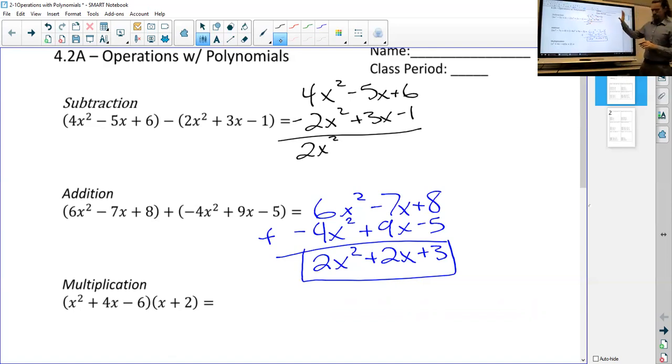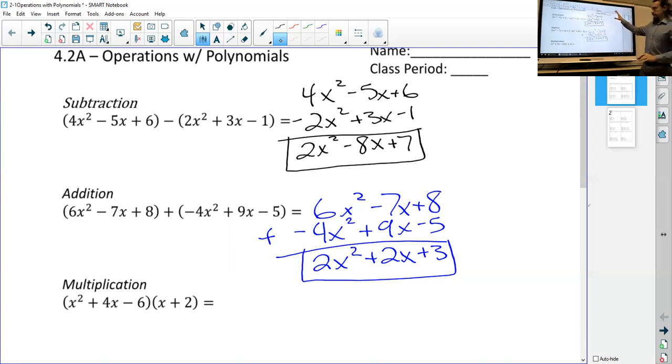Okay, and this is where you've got to think a little bit. Now it's negative 5 minus 3. All right, so negative 5 minus 3 is negative 8x. And then we have 6 minus negative 1, which is the same as 6 plus positive 1, which is plus 7. All right. So that's one way you could do this.